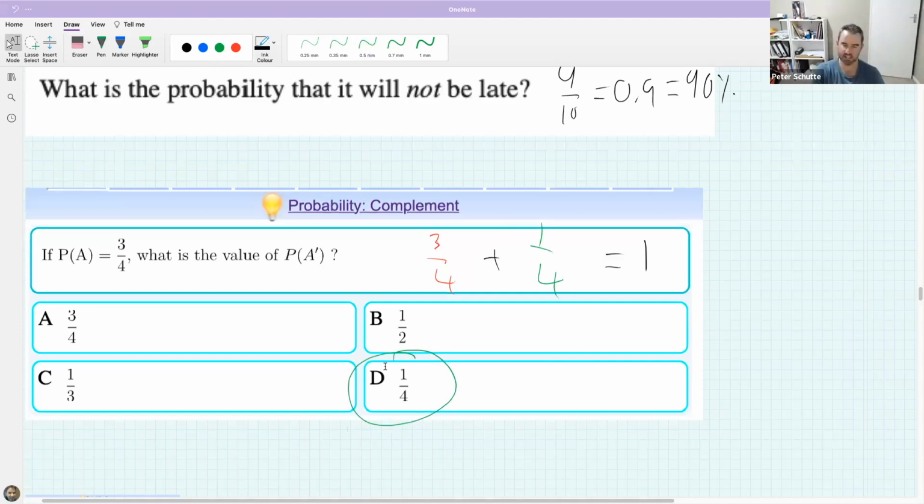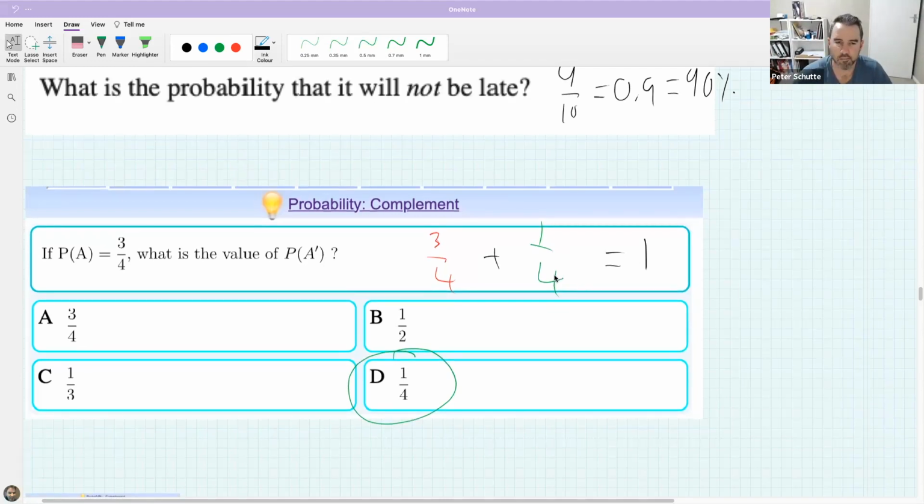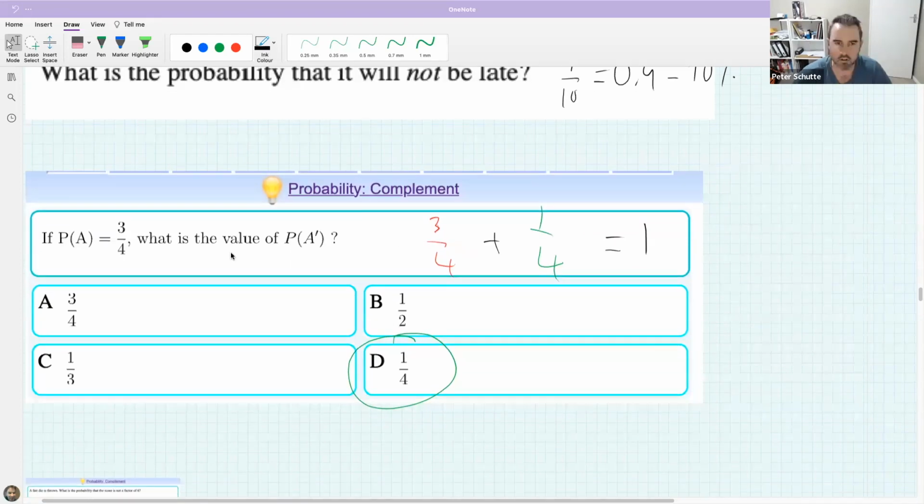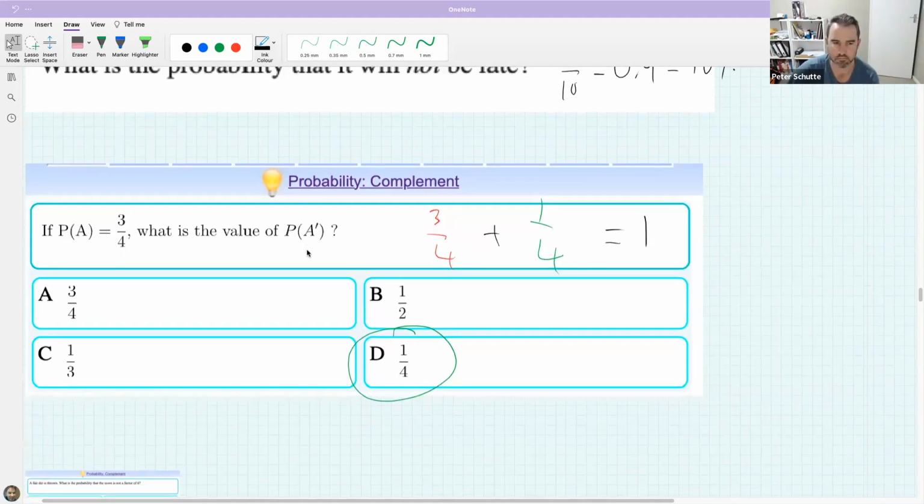And so D is the correct option. And so these are examples of complementary events, and complementary events also have this, sometimes we say if it's this and not that.